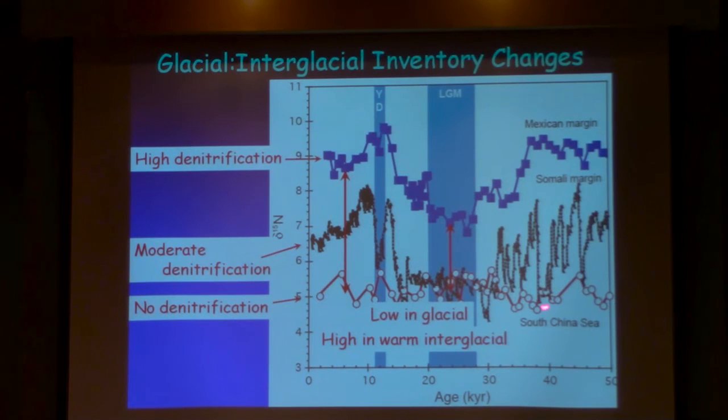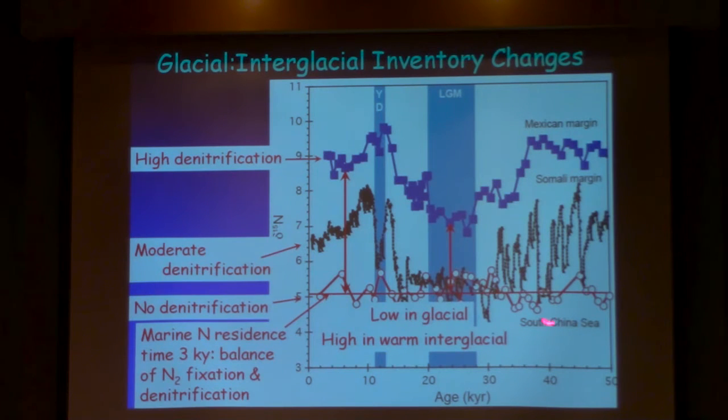But over that interval where denitrification is changing a lot in these regions, the values that we find for an area separated, where there's no denitrification near it, in the South China Sea, remain at this 5 per mil. So the residence time of nitrate in the ocean is what, about 3,000 years? So what we're seeing is a balance between denitrification and nitrogen fixation.